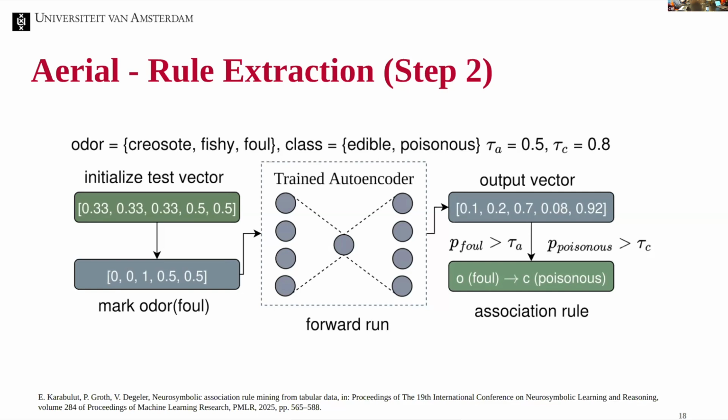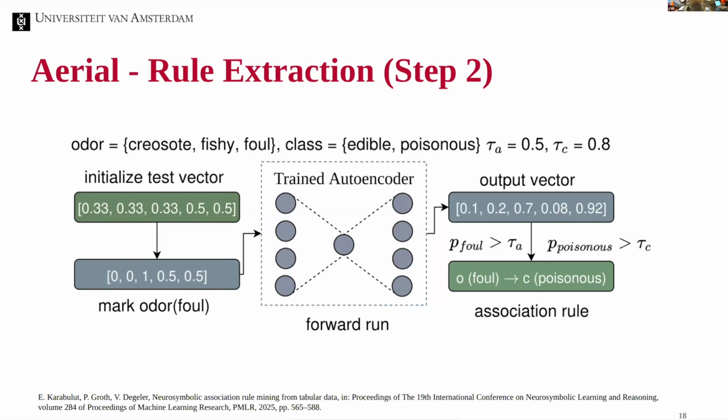Let's say you want to test whether odor being foul implies any of the values of class. Then you set odor being foul to 100% probability, meaning that I specify my preferences or my prior knowledge on the data, and leave the rest with equal probabilities per value, meaning that I don't have any prior knowledge. And then we do a reconstruction.